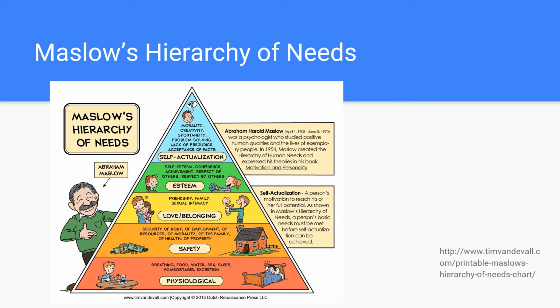Their energies and focus are not going to be in a place that is optimal for learning if, for example, their physiological needs aren't met. So the bottom level of the hierarchy is physiological needs. These are things like water, food, shelter, even sleep.